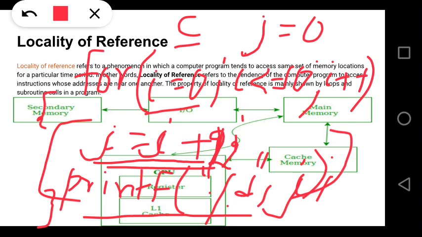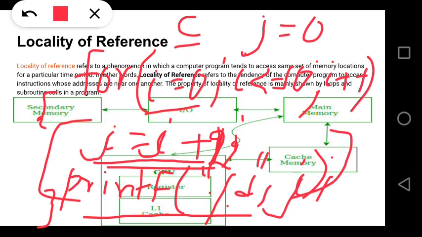Registers are very limited in number and also in storage capacity. They can store at the max 32-bit or 64-bit data.